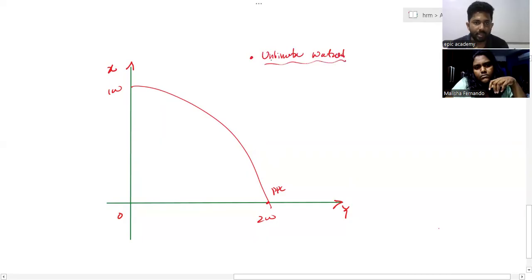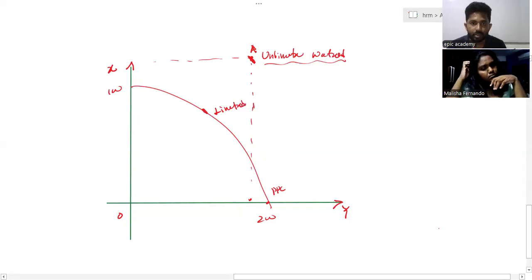I mean, they're expecting something like this combination, as an example, in here and here also. Unfortunately, we cannot produce that one. Why? Our resources are limited. We don't have enough resources to produce that production point. So this is the unlimited wants. This represents limited resources, because we draw the line by using limited resources. The gap between limited resources and unlimited human wants, that's the meaning of scarcity.